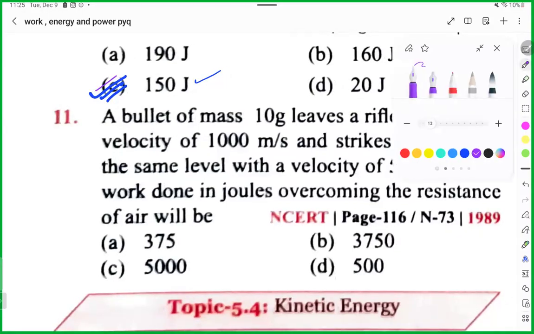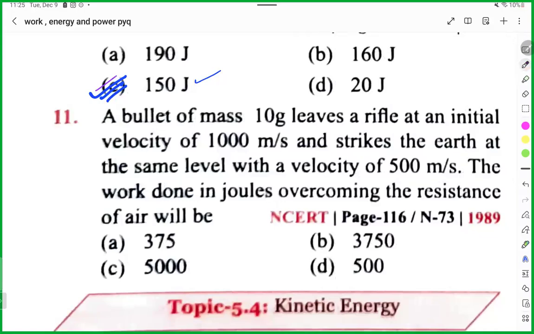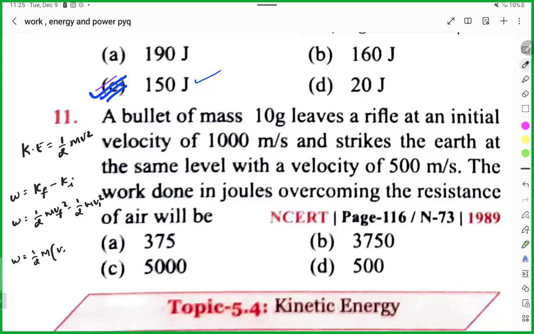You can use this formula. You know, kinetic energy is equal to half mv square. Correct? So work done is equal to the difference in the final kinetic energy and initial kinetic energy. Final is half m v final square minus half m v initial square. So half and m is common. So v final square minus v initial square.